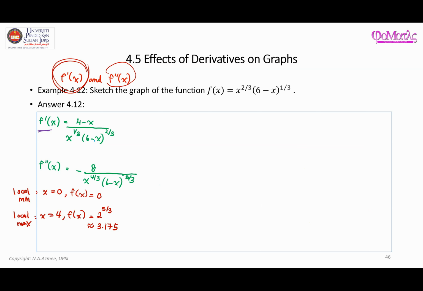Alright, now we are going to study the second derivative. This is the second derivative, and based on it, I hope you can see the points of interest will be when x is equal to 0, because when x is 0, the whole thing here becomes 0, so the second derivative will be undefined or does not exist.